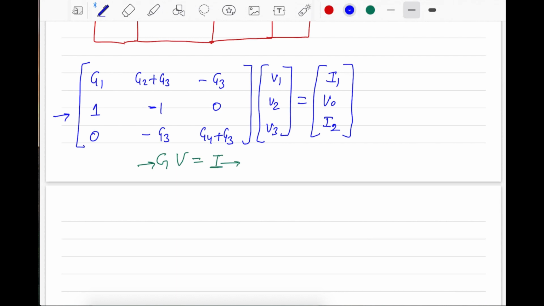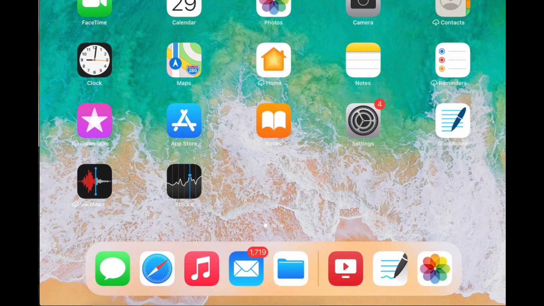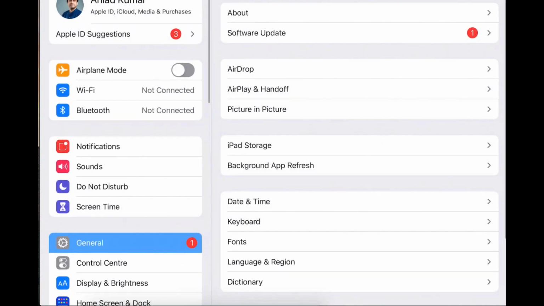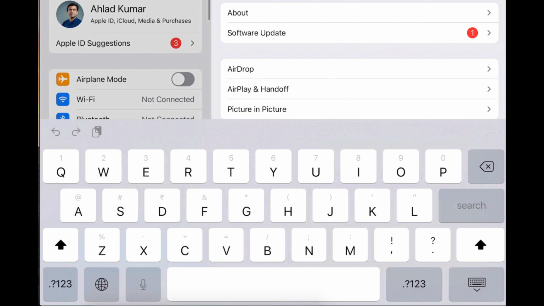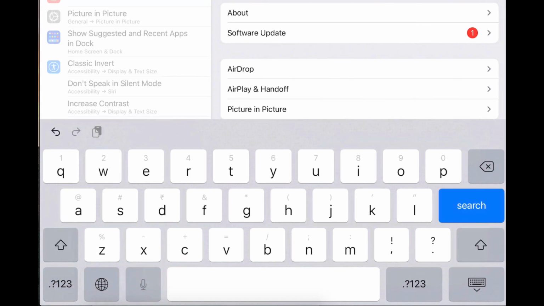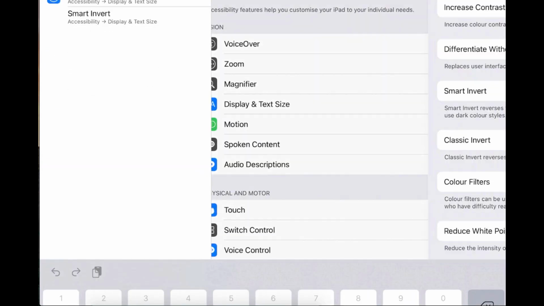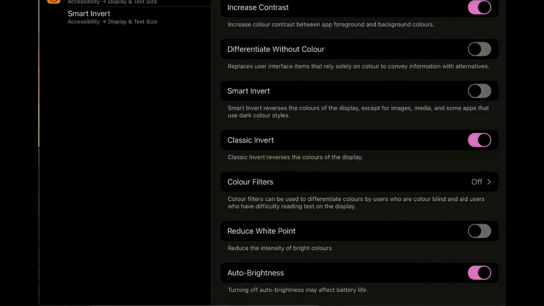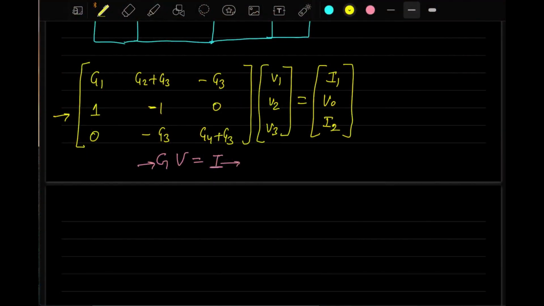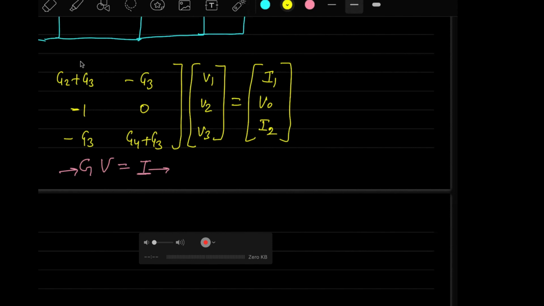Sir, on my screen, if you are writing, I can't see the changes. Oh, okay. So shall I change the colors then? Just a second. So the black one was good then. Is it okay? No, sir, I think there is some sharing problem. Sir, can you enlarge the screen to full screen mode? Regarding full screen, it will be a trouble for me, I guess. Is it okay now? Yes, sir.